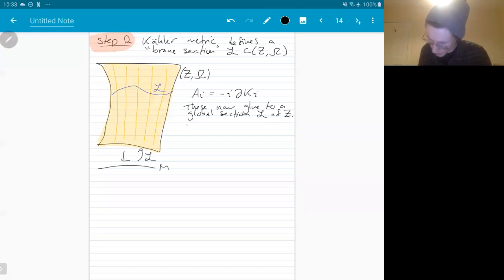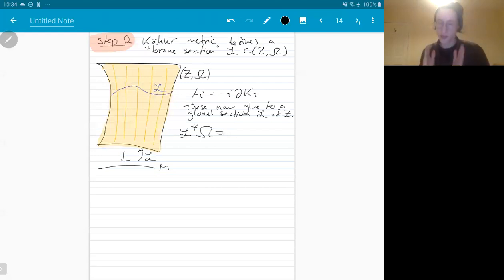Yeah, so let's look at the section. So what's basically the only thing we can do? We can take this holomorphic symplectic form and we can pull it back by L. Notice that L is not going to be holomorphic. It's just some C infinity section. But we can pull back omega, and locally it's the same thing.